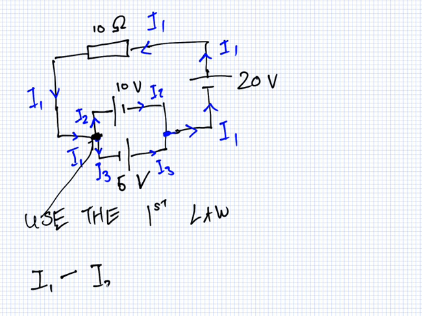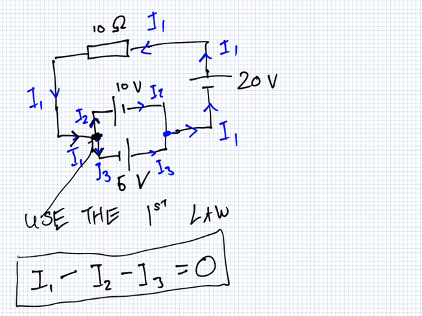This one, I2, minus 1 I2, because I can use this formula again. And what should this equal? It should equal 0.